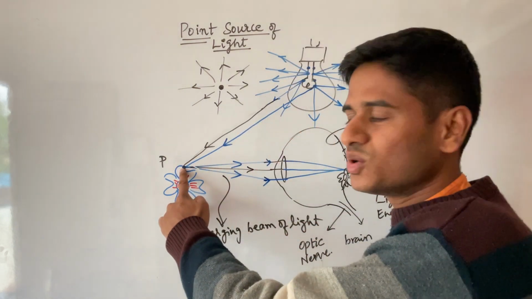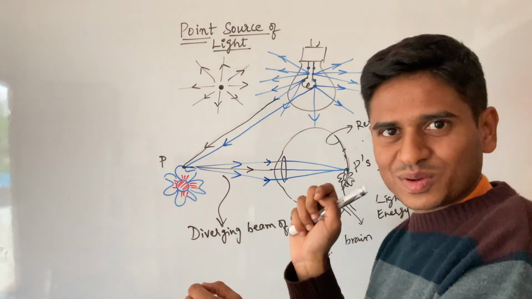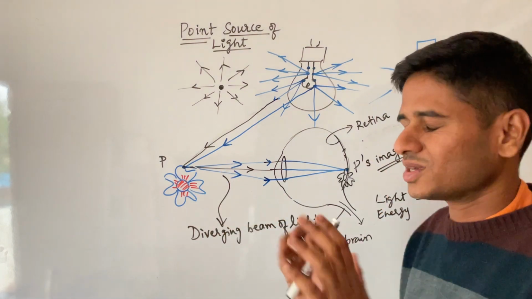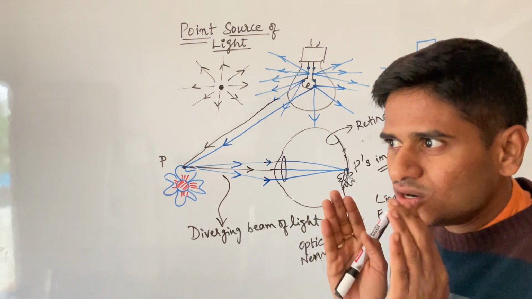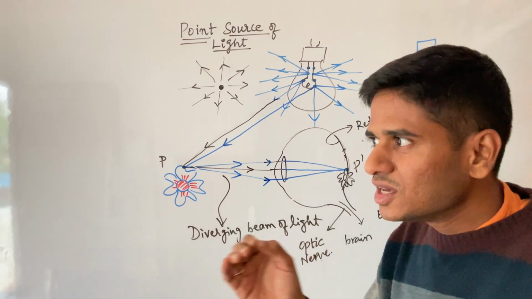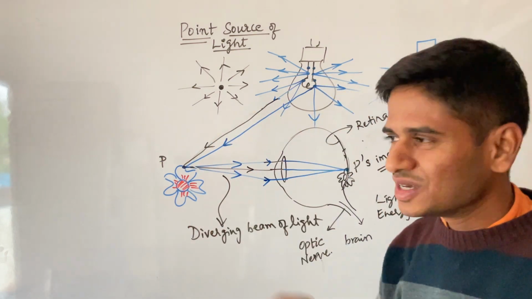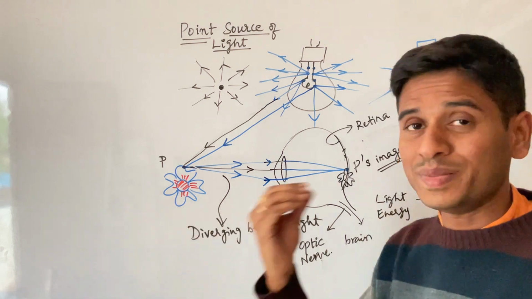From here. Okay, I see a point on the petal. Not only the point on the petal, I see the entire image. I see the entire flower. So what do we see? We see the source from where the light rays emanate, the source from where the diverging beam starts.